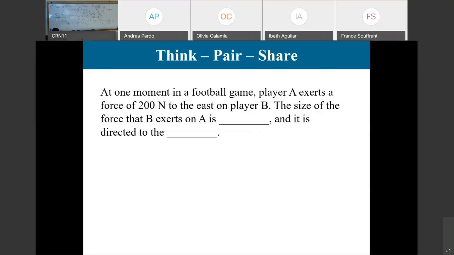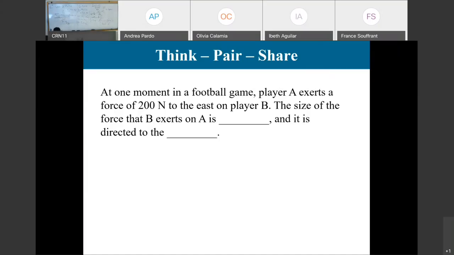At one moment in a football game, player A exerts a force of 200 newtons to the east on player B. The size of the force that B exerts on A is what? And the direction is to the west. West. And what's the value of the force? 200, right?